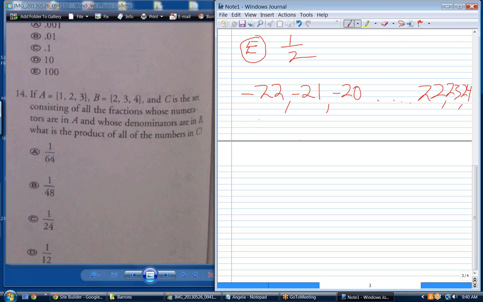Now, in this particular counting problem, there's too many numbers to actually list them all out. You don't have that much time. There are some counting problems like that, where they intentionally set it up so that you can't list them all out. So you have to look for a pattern.